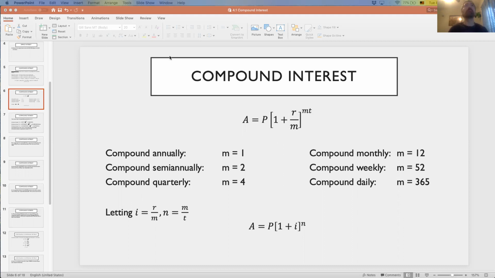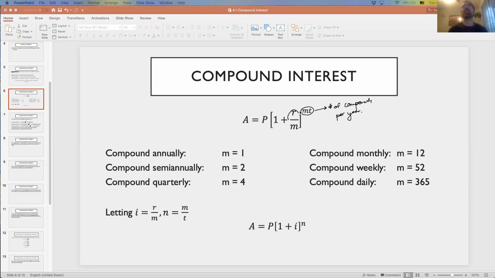So that way, this M times T is the number of compounds per year. In the previous case that we saw, it was compounded annually, so we only had 1 compound each year, so we could have just used the time, the 3 years.